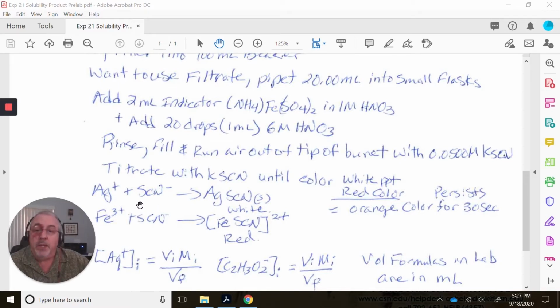But what we're really after is a color change to red when the iron combines with the thiocyanate ion once all the silver has been removed. The iron thiocyanate turns red, and so we get a mixture of the two colors, the white and the red, which should be an orange color.